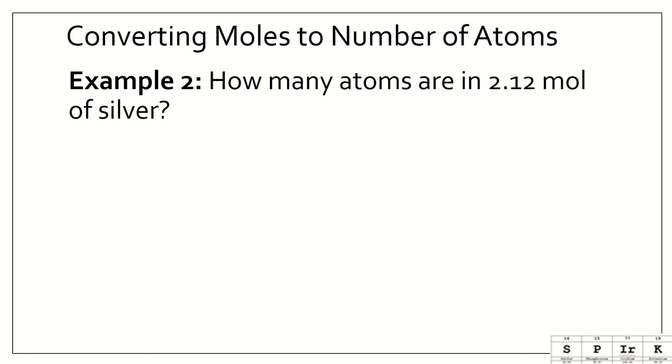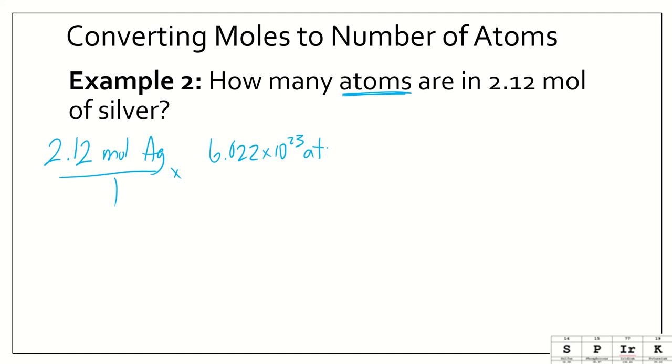Example 2. How many atoms are in 2.12 moles of silver? So in this case, we're going backwards. 2.12 mole Ag over 1 times, we're trying to go to atoms, 6.022 times 10 to the 23rd atoms are present in 1 mole.